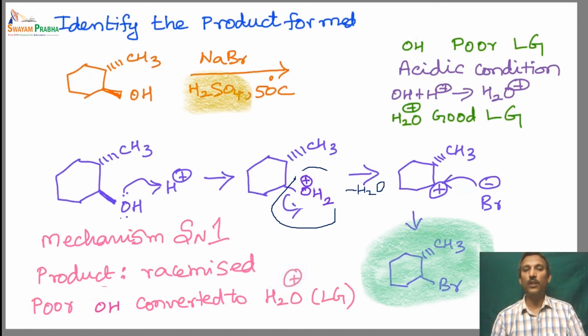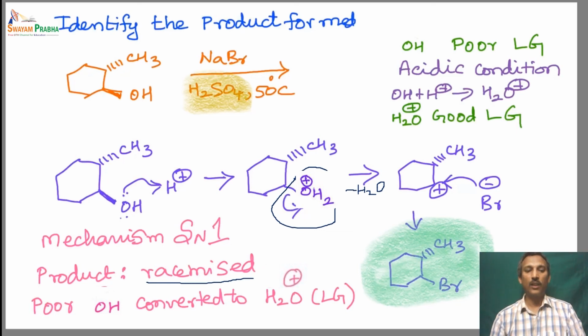We don't know the stereochemistry of this product, because we have a carbocation, and due to the formation of this carbocation, the bromide can attack from either side, leading to a racemic product, or both in a 50-50 ratio. So the stereochemistry cannot be identified in this product. That means it leads to racemization. So the racemized product is the one we are actually getting.